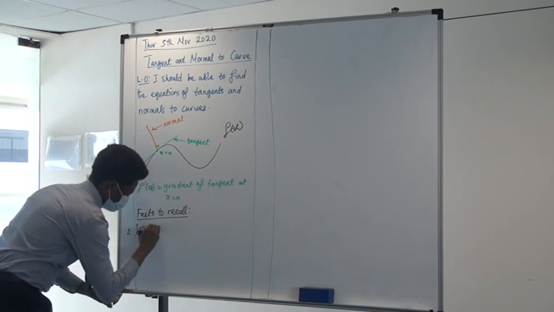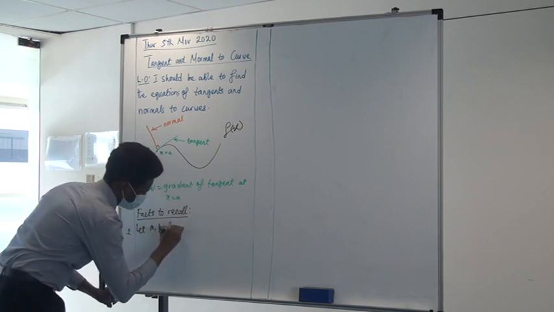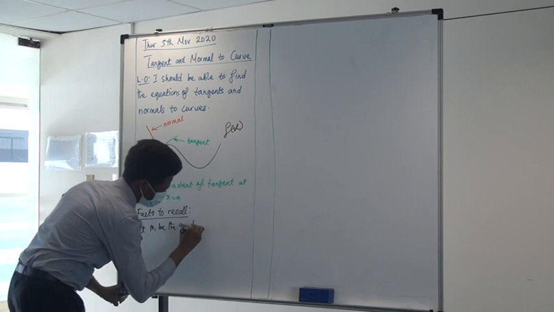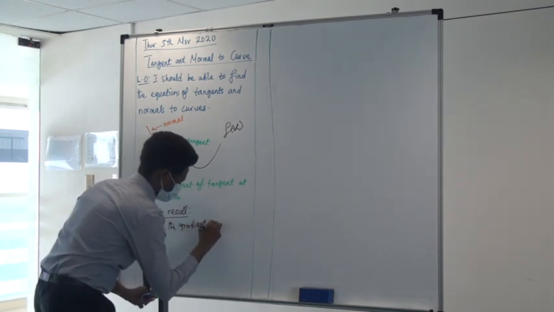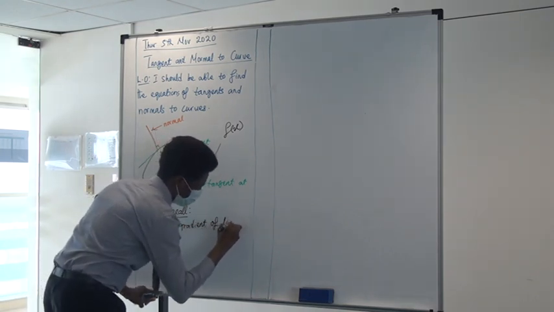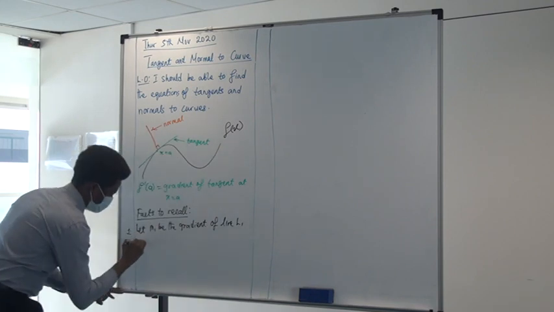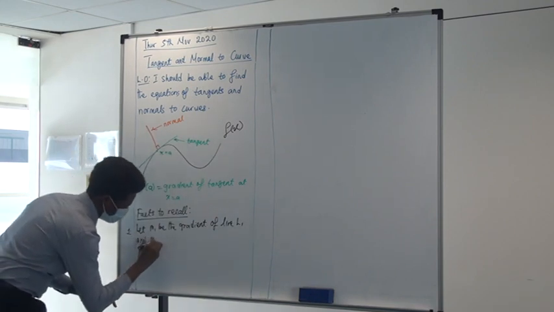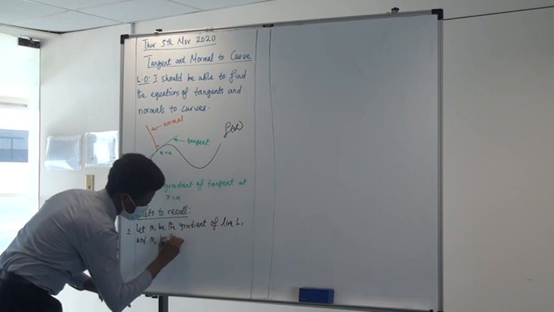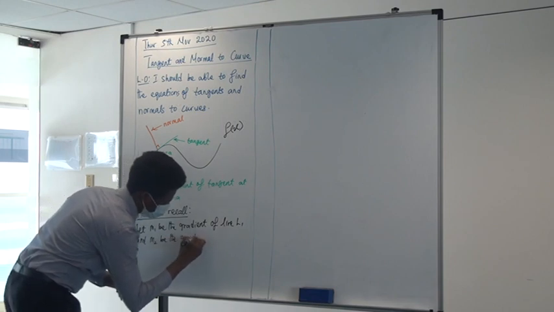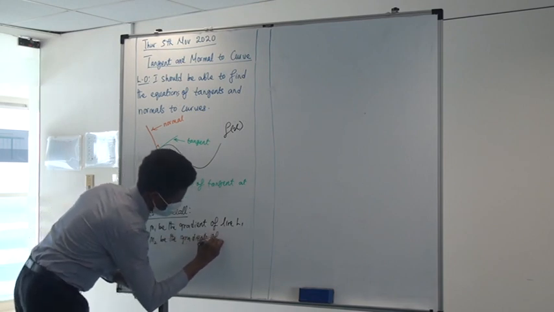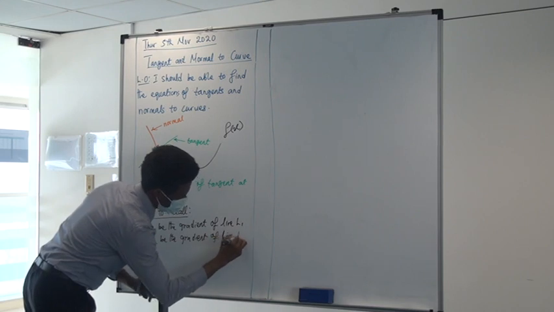Let's M1 be the gradient of line L1 and M2 be the gradient of line L2.